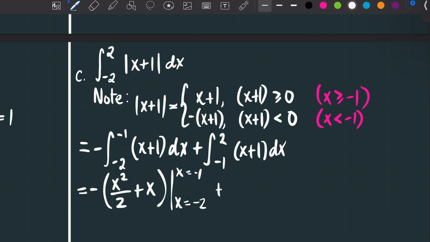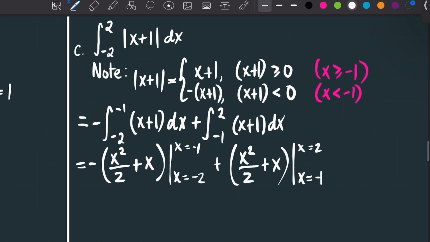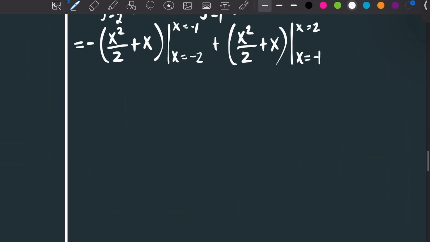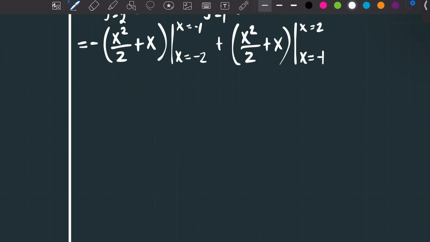Then para dun sa kabila, same lang din, no, yung integral niya, that's also x squared over 2 plus x, pero we're evaluating from x equals negative 1 to x equals 2. So, ito na yung medyo madugong part since mahaba-habang computation na to.